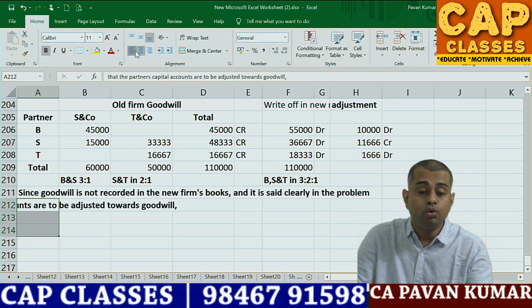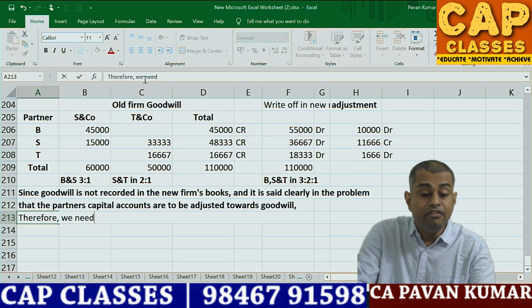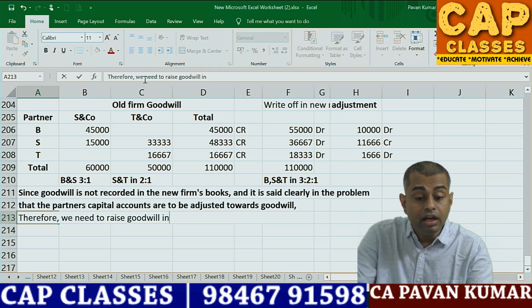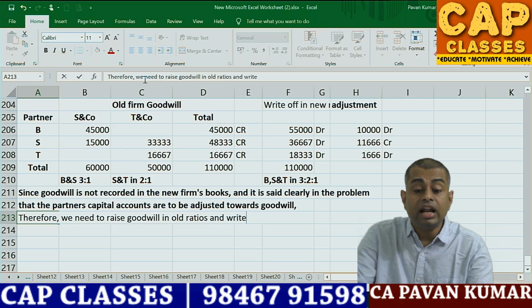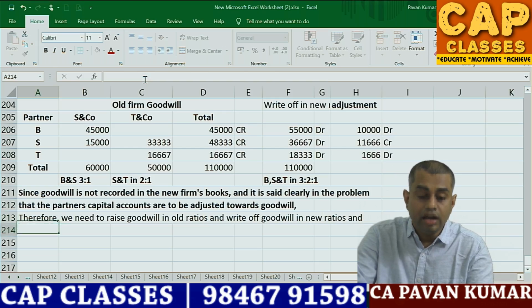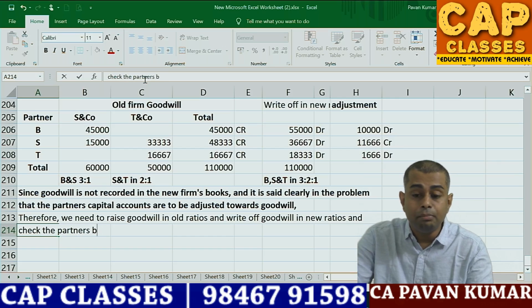We need to, therefore, raise goodwill in old ratios and write off goodwill in new ratios and check the partners' balances.